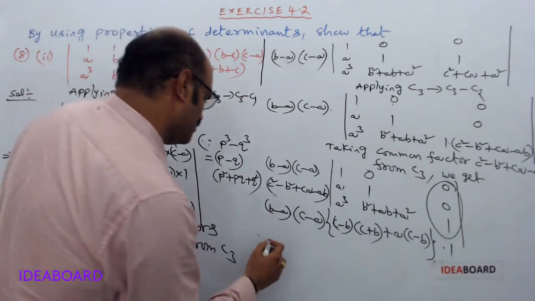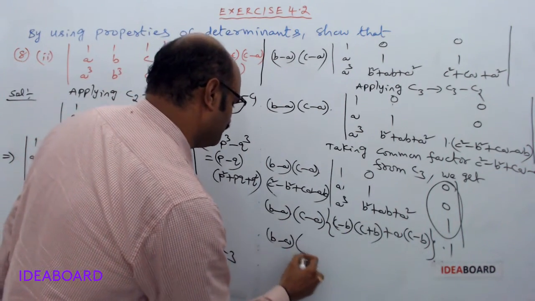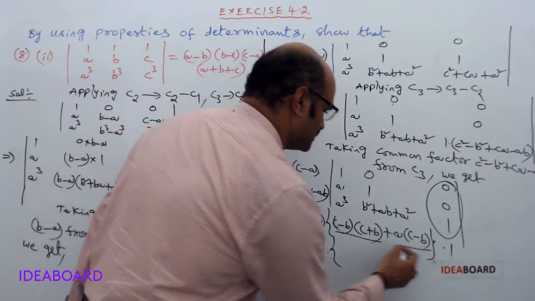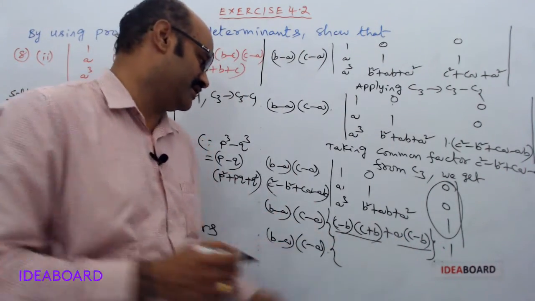Now we have B minus A into C minus A into, here in these two terms C minus B is common here.